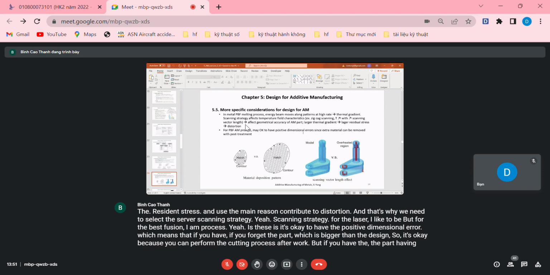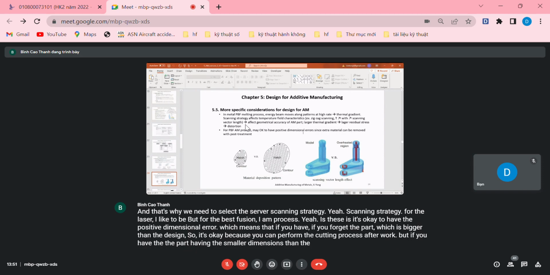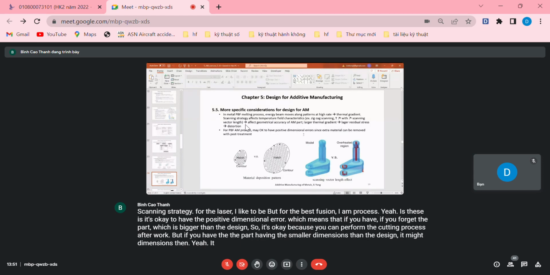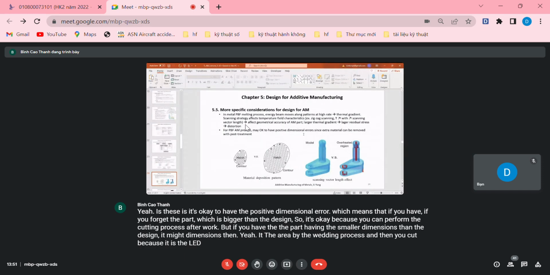But if you have a part with smaller dimensions than the designed dimensions, then you need to add material by the welding process, and then you cut, because this is the additive manufacturing process. But it's actually not easy.